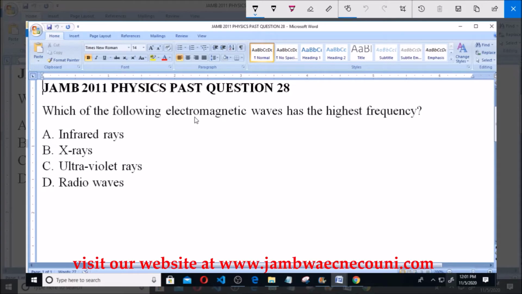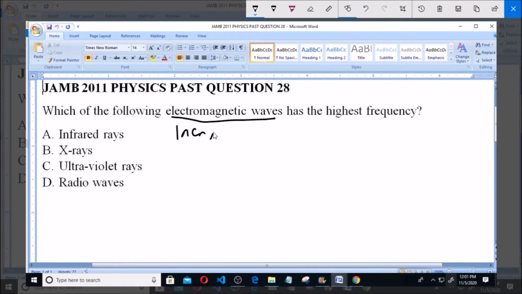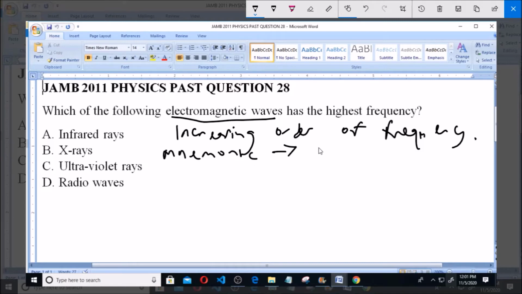So usually when discussing electromagnetic waves, they are arranged in order of increasing frequency. The mnemonic "Rovix G" is usually used.